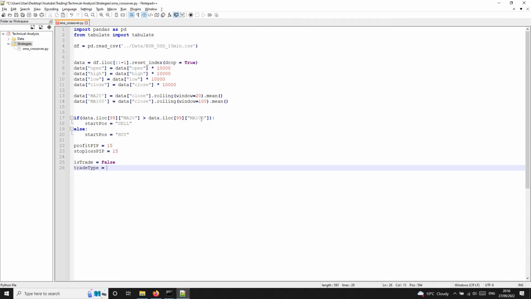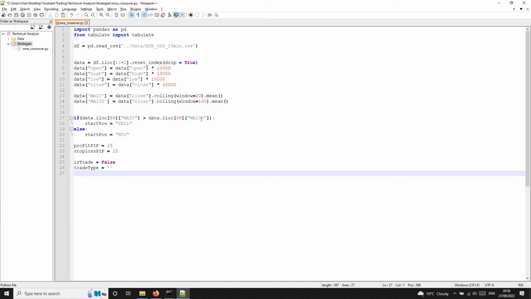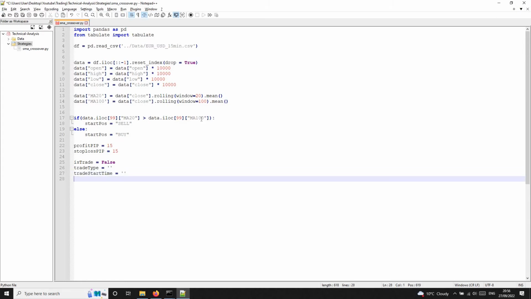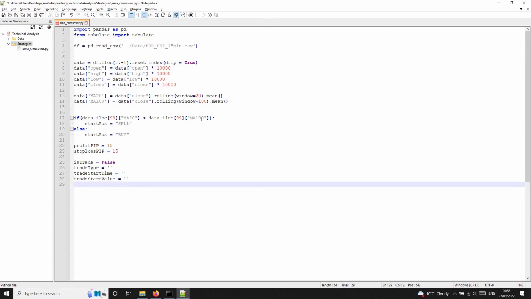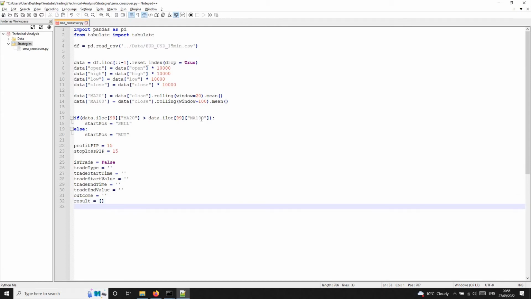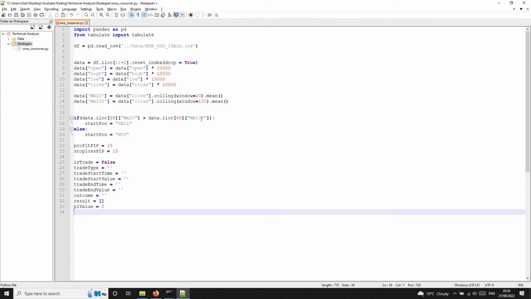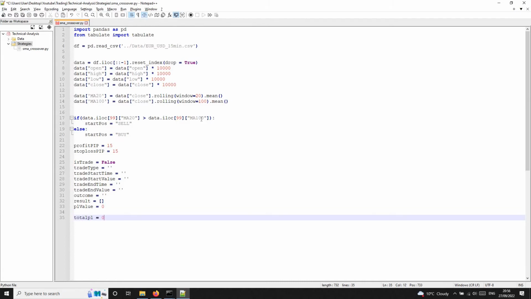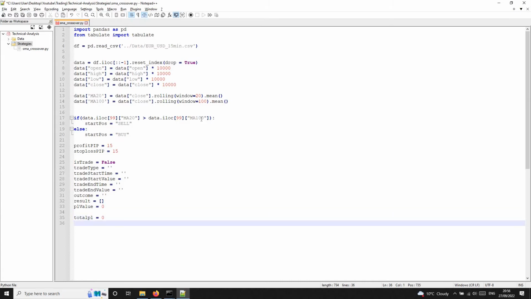Later, when we take a trade, I want to capture whether we took buy or sell, what time the trade started, the trade start value, the trade end time, trade end value, and the outcome, whether it was profit or loss. Then we will capture the complete result, which we will show in tabulate later on, also the profit loss value for each of those, and then the overall profit as well. I'm going to set those to 0.